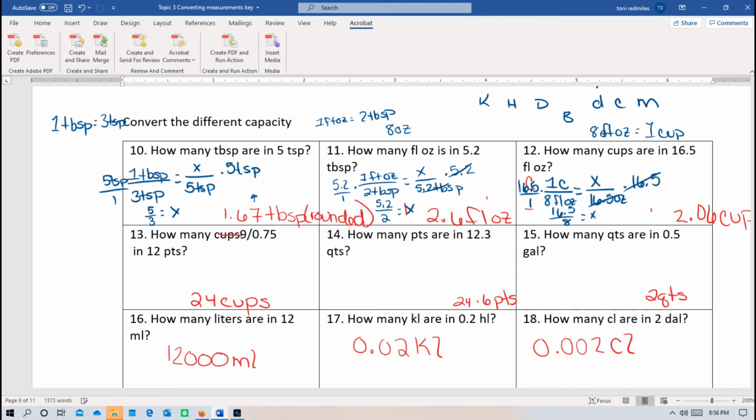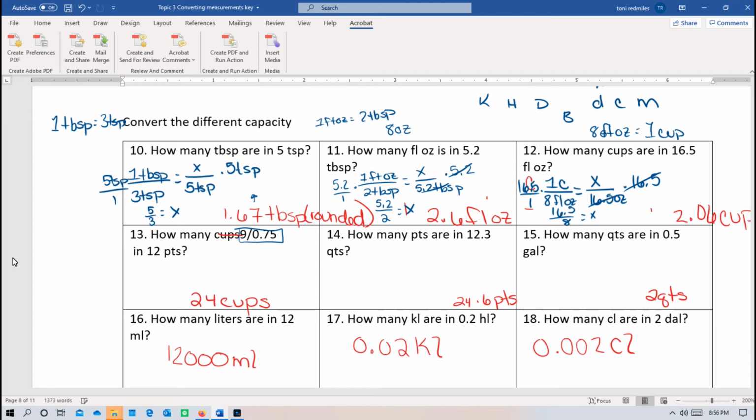I'm not exactly sure what all that is. That's probably a typo. All right, so how many cups are in 12 pints?